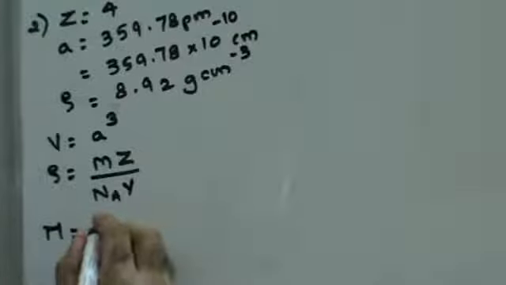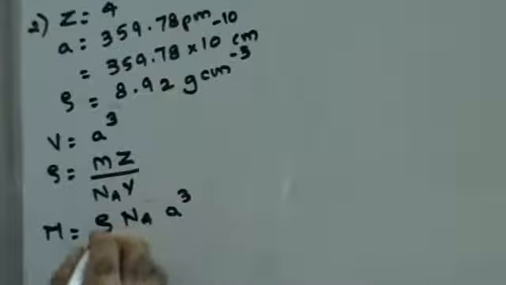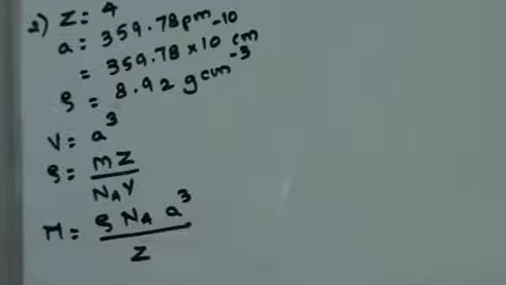Mass can be written as rho N_A V, where V can be written as a cubed upon Z. So I can find the mass of copper if its density is so much. This is going to be the mass of copper, that's your atomic mass of copper because I already multiplied the Avogadro's number here.